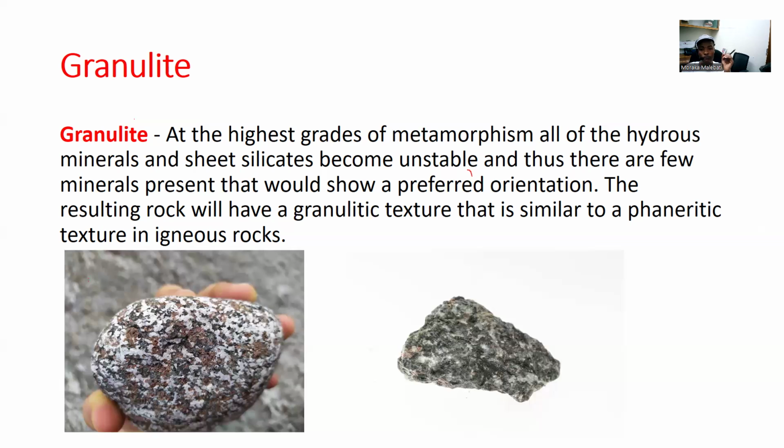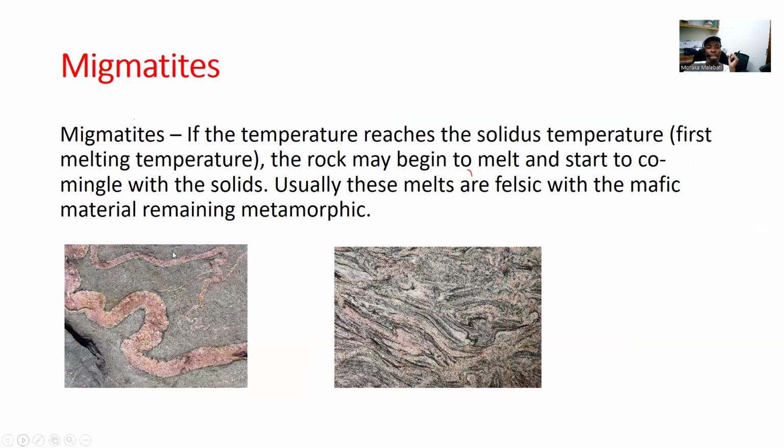And the new recrystallized minerals are tightly packed, and you are able to see them with your naked eyes, exactly like in granite, for example, as a phaneritic rock. You are able to see the feldspars and your quartz with your naked eyes. So basically that's what you call the granulite.